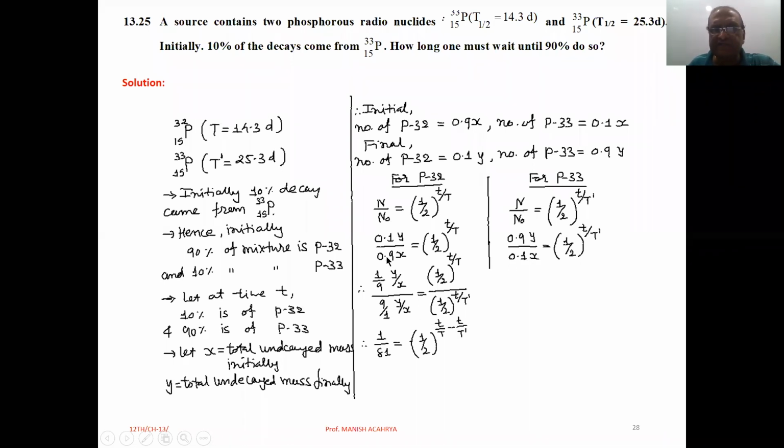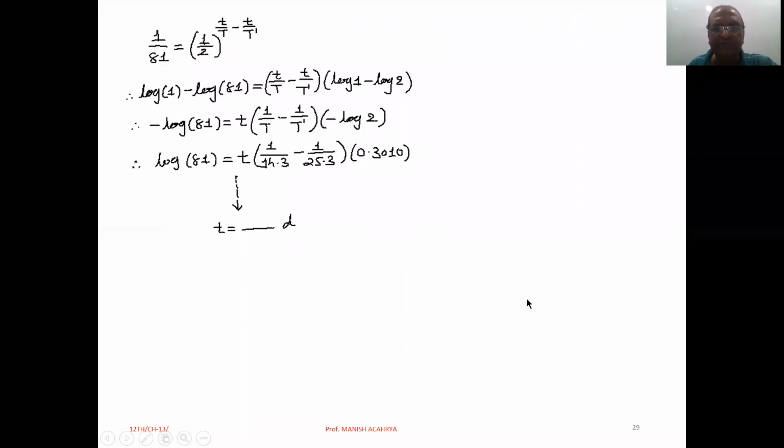This one is 1 by 9 y by x, and this is 9 by 1 y by x, equal to 1 by 2 to the power t upon T dash. So 1 upon 81 is half raised to t upon capital T minus t upon T dash.